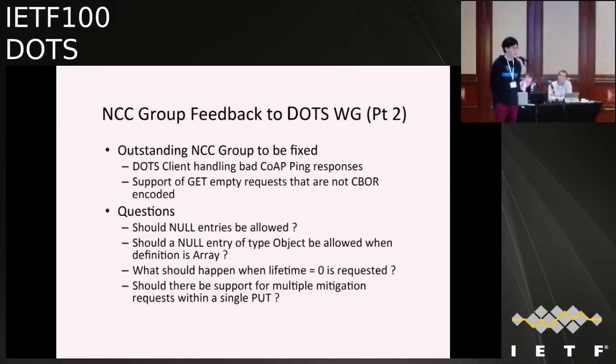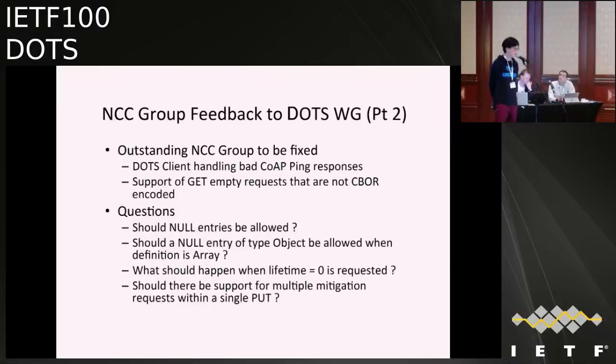But it is not explicitly written in the signal channel draft. So what should happen when a lifetime equals 0 request is sent by a DOTS client? It should be described in this draft.